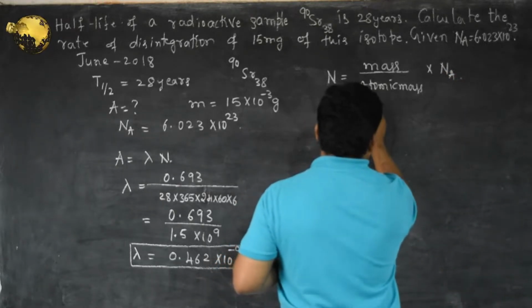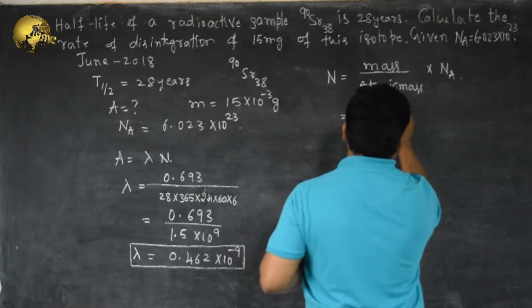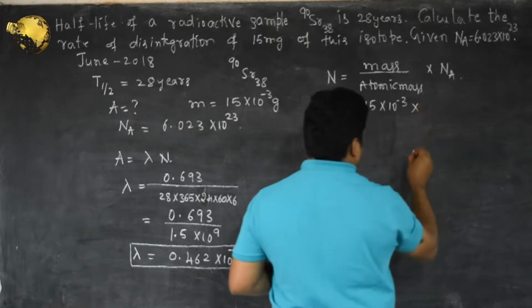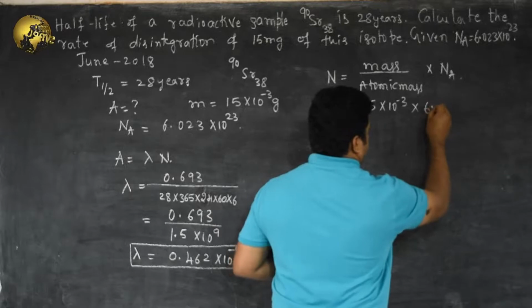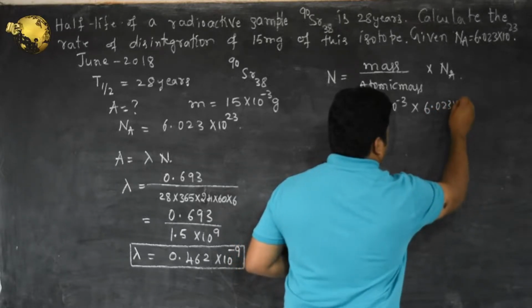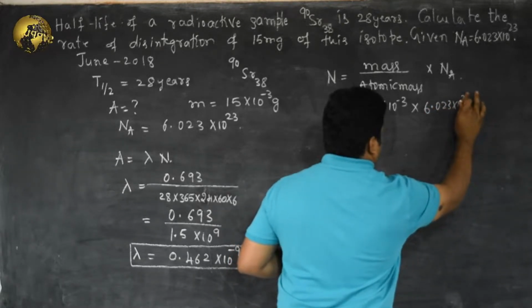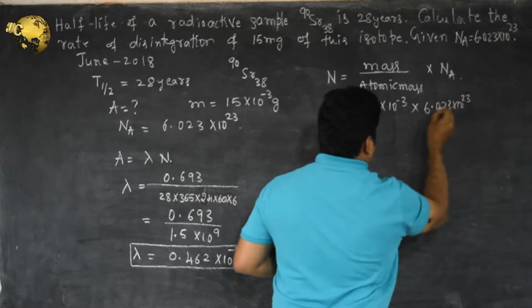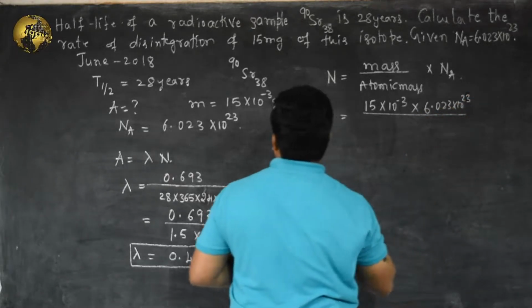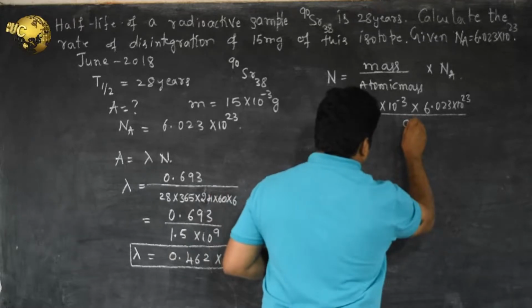So the given mass is 15 into 10 to the power minus 3, and the Avogadro number is 6.023 into 10 to the power 23, whole divided by the atomic mass, which is 90.